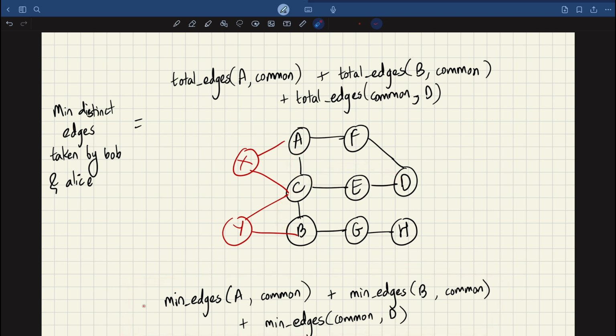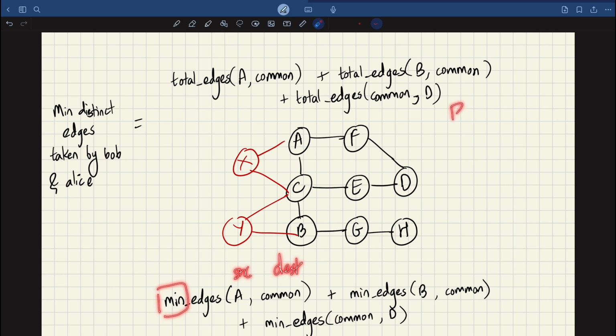Now observe one thing, we have to find minimum edges from a source to a destination, right? So when we see this kind of stuff, like minimum from a source to a destination, then two algorithms come into our mind.